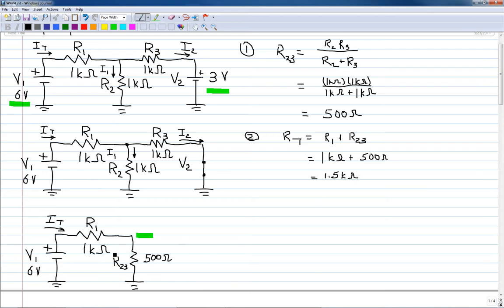Now that we know the total resistance, then in step number 3, we can calculate total current due to the source V1. So I total is equal to V1 divided by R total.